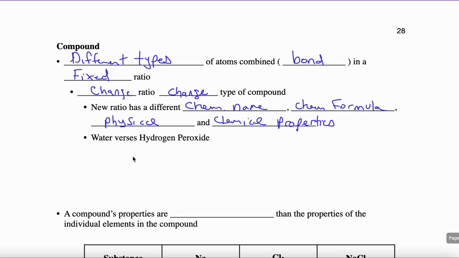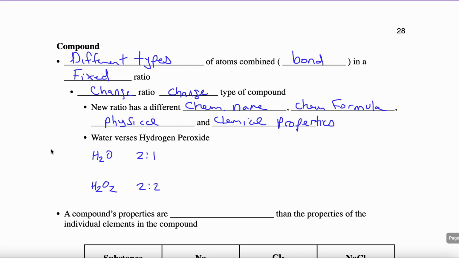So take a look. We have talked about this. So we have water, whose chemical formula is H2O, versus hydrogen peroxide, whose chemical formula is H2O2. Water, the ratio of hydrogen to oxygen is a 2-to-1, versus the hydrogen peroxide, it's a 2-to-2 ratio. Take a look at the structure.